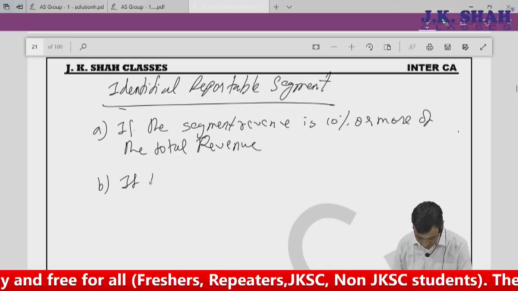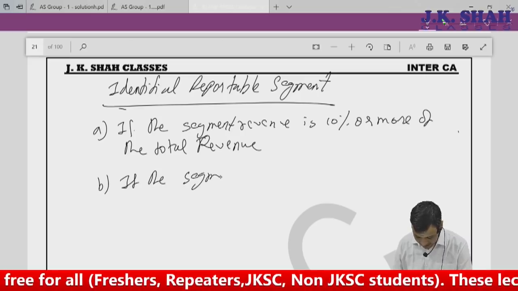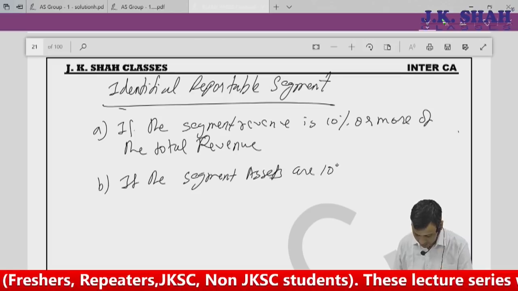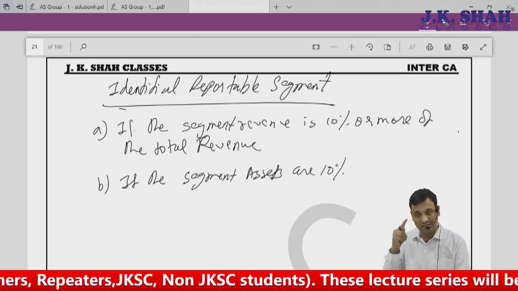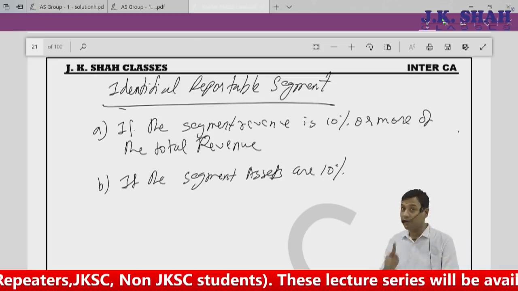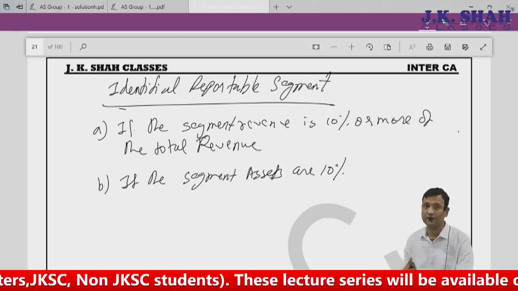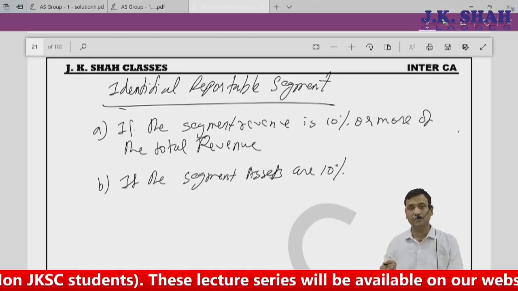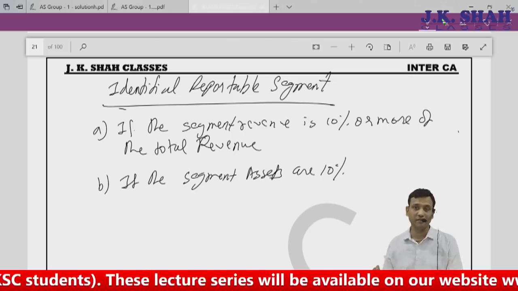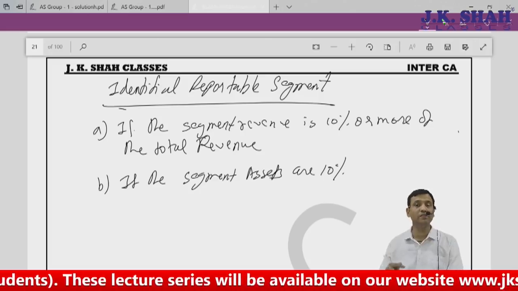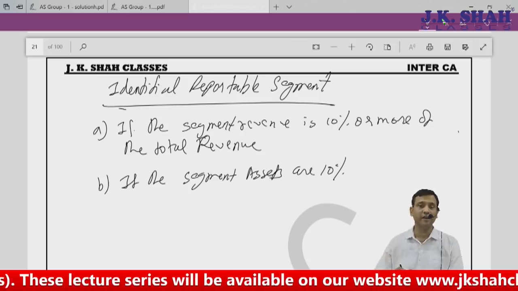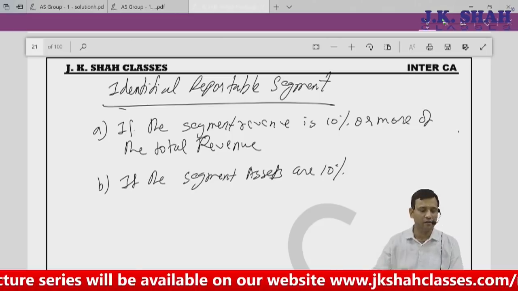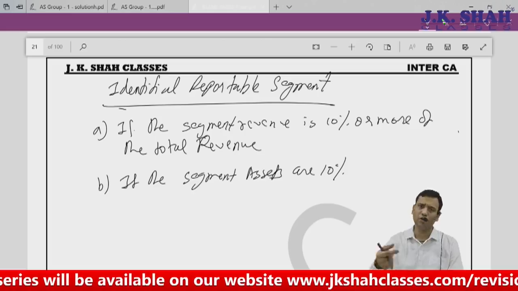Same way, if the segment assets are 10%, if you remember segment assets, operating assets, again, operating assets directly attributable, allocable, or income tax assets are not to be considered. Directly attributable, allocable, and the third was if interest income or dividend income is added to your segment revenue, then that particular asset will also be included.